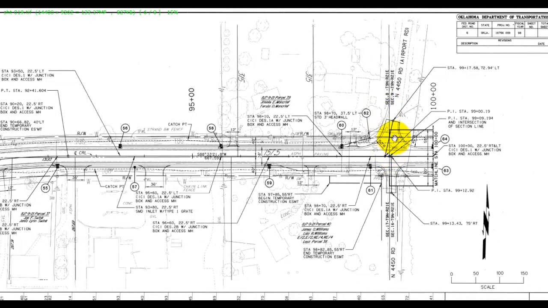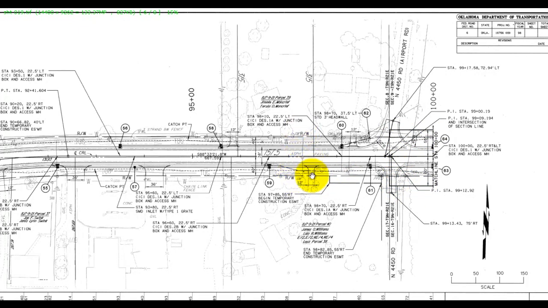It changes. The right-of-way on the north side of the highway is 55 feet, and on the south side it's 60 feet. At that section line is where it changes. And it gives you a PI station, point of intersection station of the section line, which is where our right-of-way changes. So that'll be important to us as well.